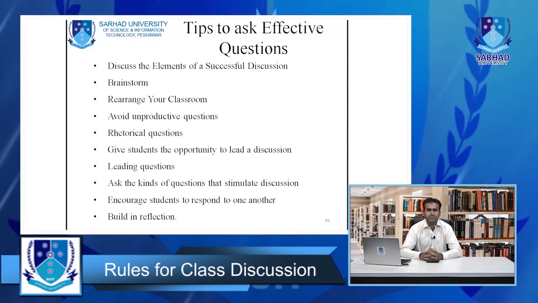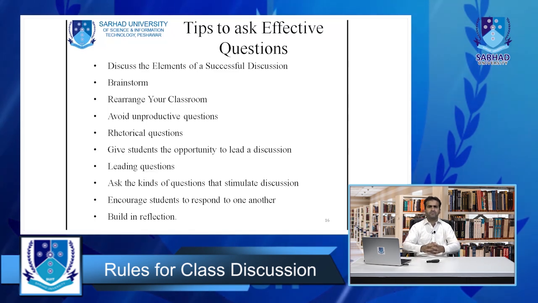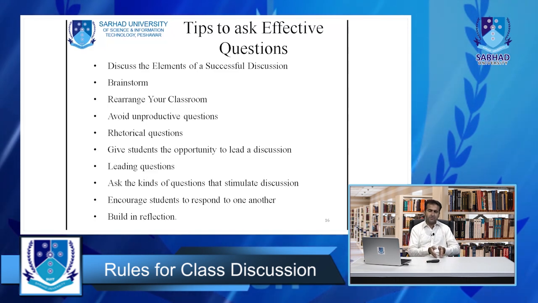Rearrange your classrooms. As we know, a discussion activity is completely different from a regular lecture. For this purpose we need to rearrange the class, rearrange the students, rearrange their seating arrangements. Why do we need it?